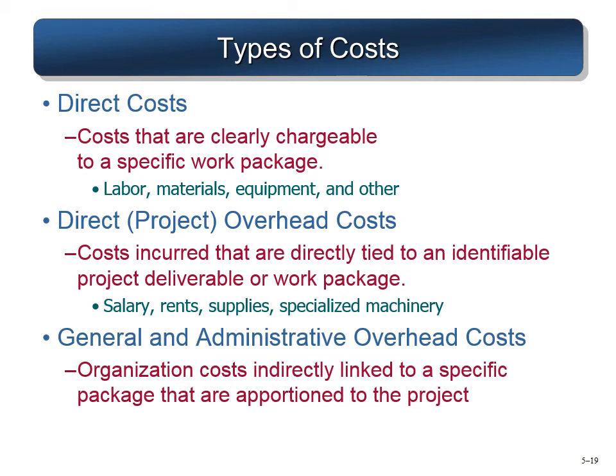Next is general administrative overhead cost, which is needed for the organization. It is not specifically for a project. So overhead is differentiated into project overhead and general and administrative overhead. A certain percentage of the general or administrative overhead is allocated for a project, because the project has to bear some of those costs.